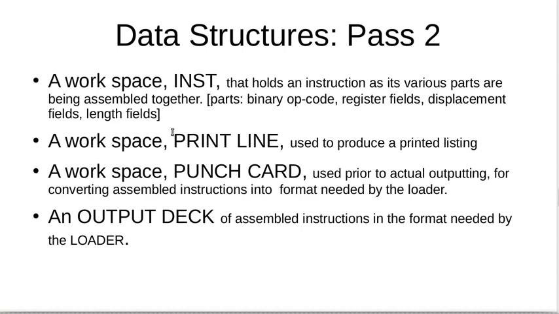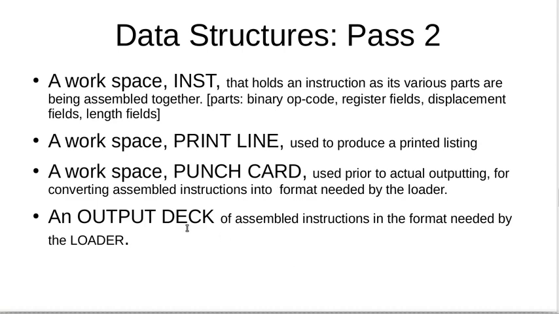Then there is a workspace called print line, which is used to produce a printed listing of all the instructions. A workspace called punch card is used prior to actual output for converting the assembled instructions into the format which is needed by the loader. So all the instructions are saved in a proper format which the loader can understand, because this output in machine language will be executed by the loader.